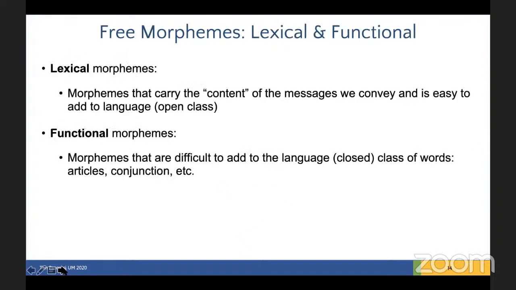Now we have lexical and functional free morpheme. Kalau lexical, carrying the content of the message. Jadi ada arti penting gitu ya, merujuk ke satu entity. So it refers to a certain entity. For example, book. Yeah, we are referring to something that is containing of writings and pages gitu ya.